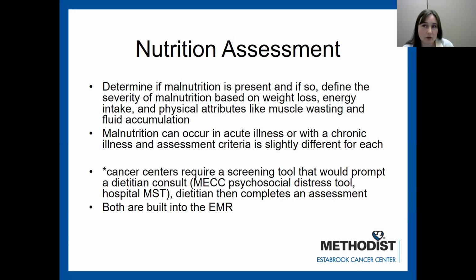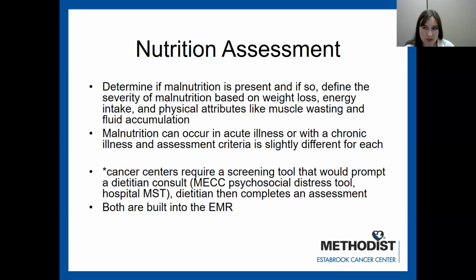We do a nutrition focused physical exam. So what kind of physical attributes does this patient have? Do we see or feel muscle wasting? Do we see edema or fluid accumulation? And malnutrition can occur in the acute illness setting, or it can be present in the chronic illness. And the criteria are just a little bit different based off time and severity of weight loss.